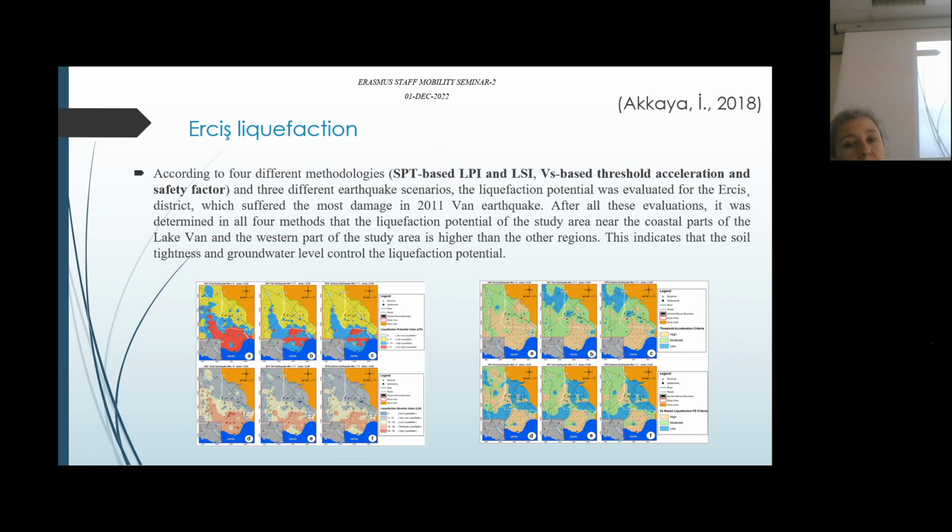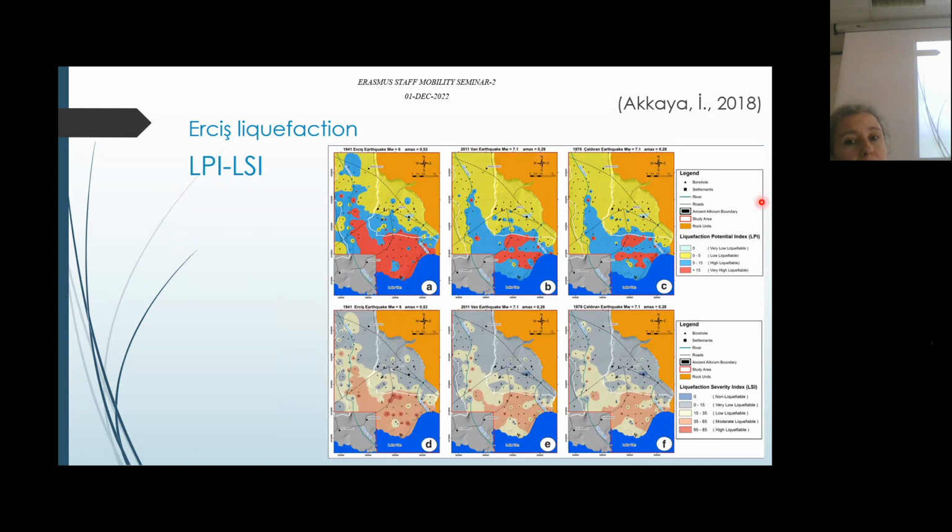And when we have a deeper look with the LPI and LCI, here you can see, especially for different magnitude or different Amax PGA value, the distribution of the areas is totally different from each other, or different from the case that we are having.